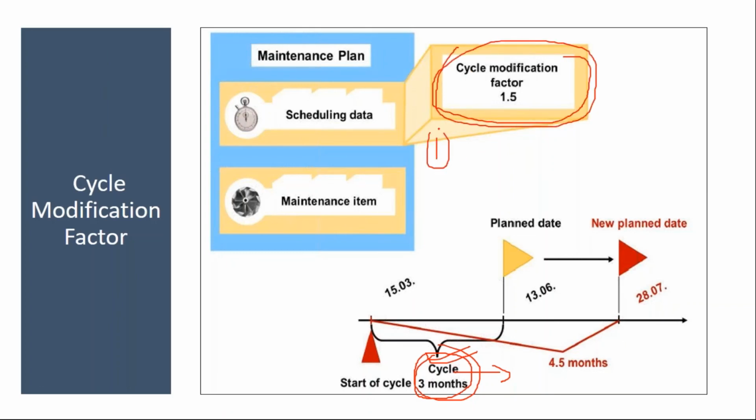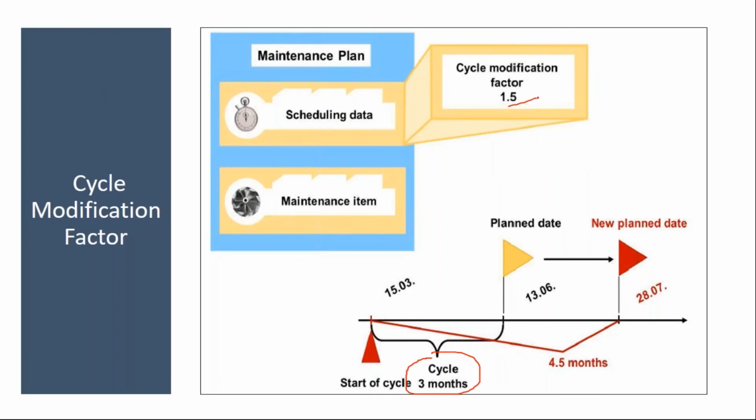So if it is 1, you change it to 1.5. Then your cycle time will be increased by 1.5 times. Here the cycle time is 3 months; 1.5 times 3 months is 4.5 months. It will increase the cycle time, and accordingly the next plan dates will get recalculated. That is the cycle modification factor.